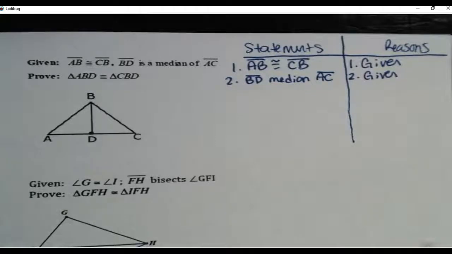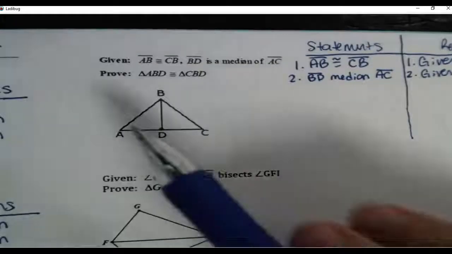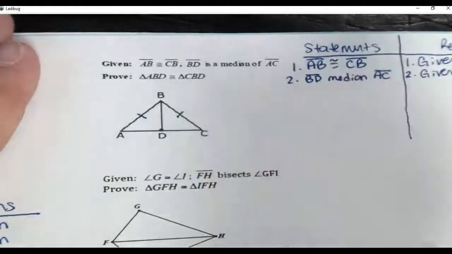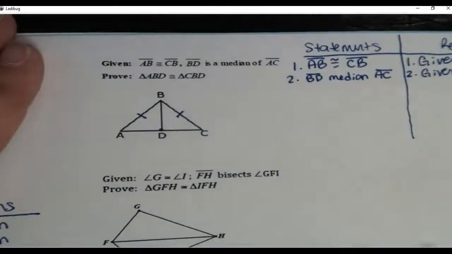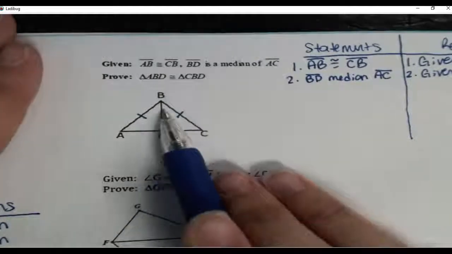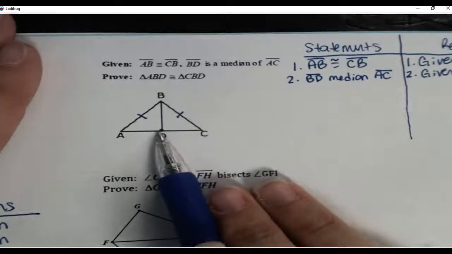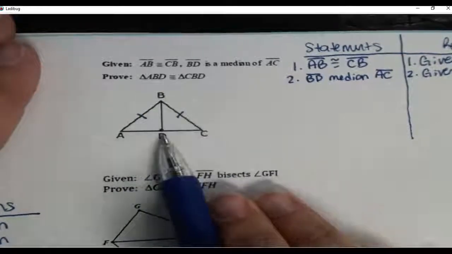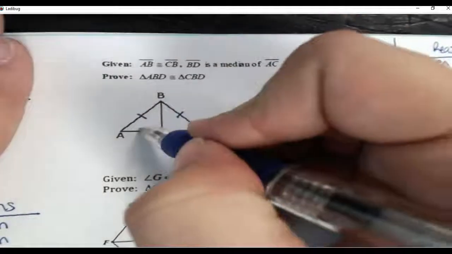So if we mark over here on our triangle, we know AB is congruent to CB. We already wrote that. And then again it tells me BD is a median. So that means it's connecting B to the midpoint down here. So then what does that mean about AD and CD? Yeah, they're congruent as well.